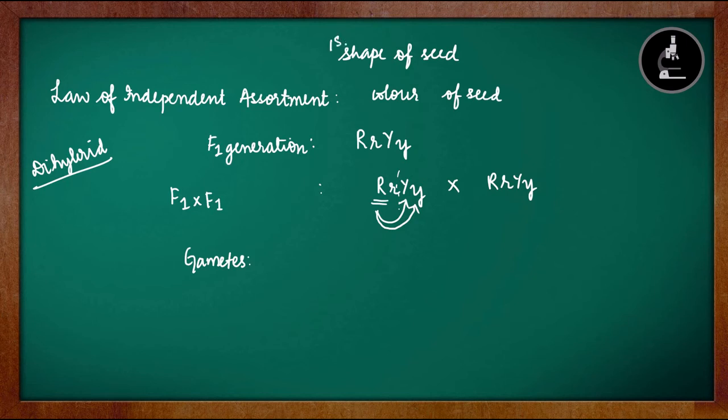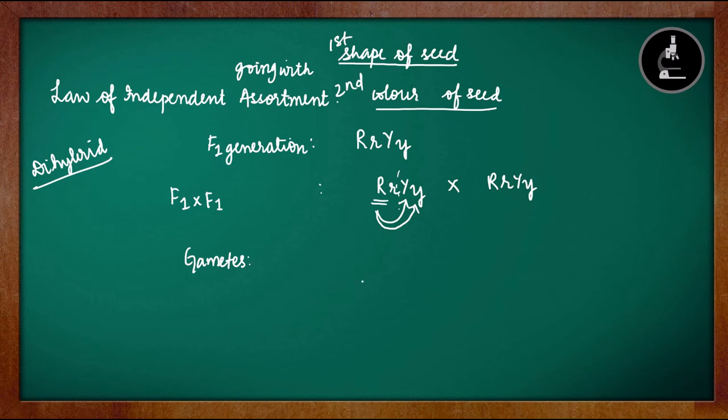This is the first character which we have taken, this is the second character. Assortment simply means going with, or we can also say pairing with. So any allele of this gene can go with any allele of the other gene. It is not dependent on it, it is independent.